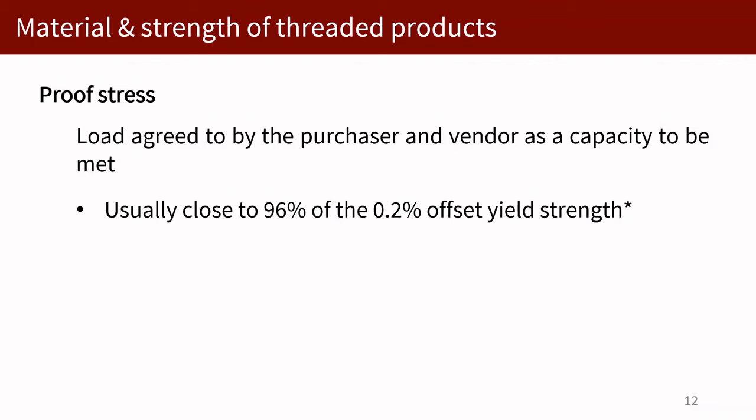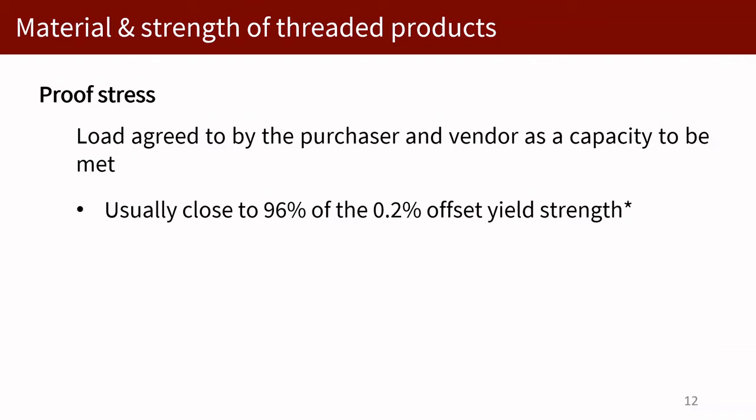So for example, if you connect two steels using a bolt, there will be compressive deformation in your steel and tensile deformation or elongation in your bolt.